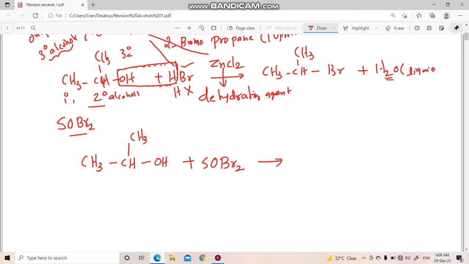SOBr2 we can write like this. This is only a shortcut and not the actual mechanism. Please understand that.